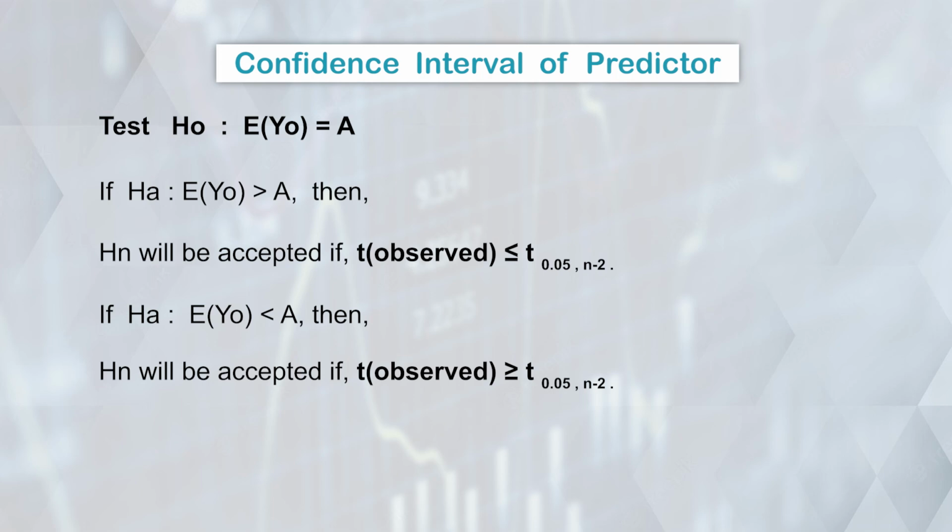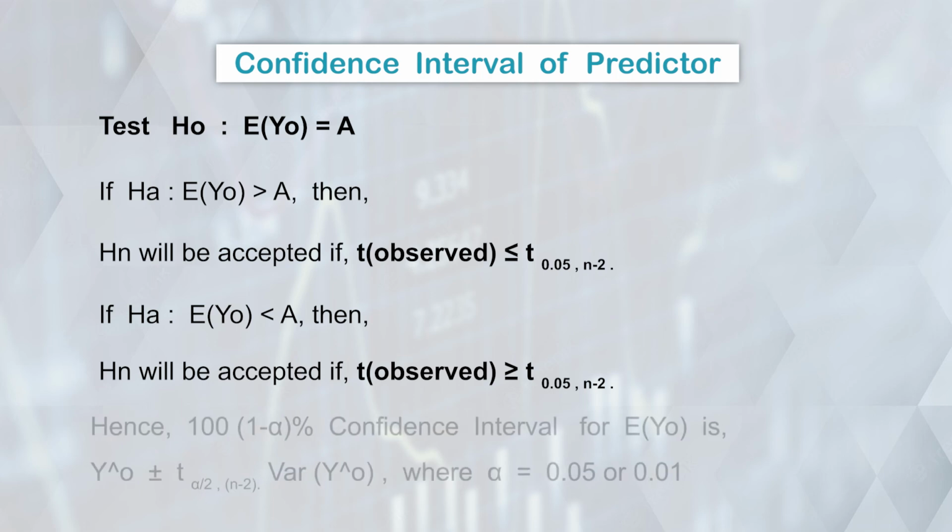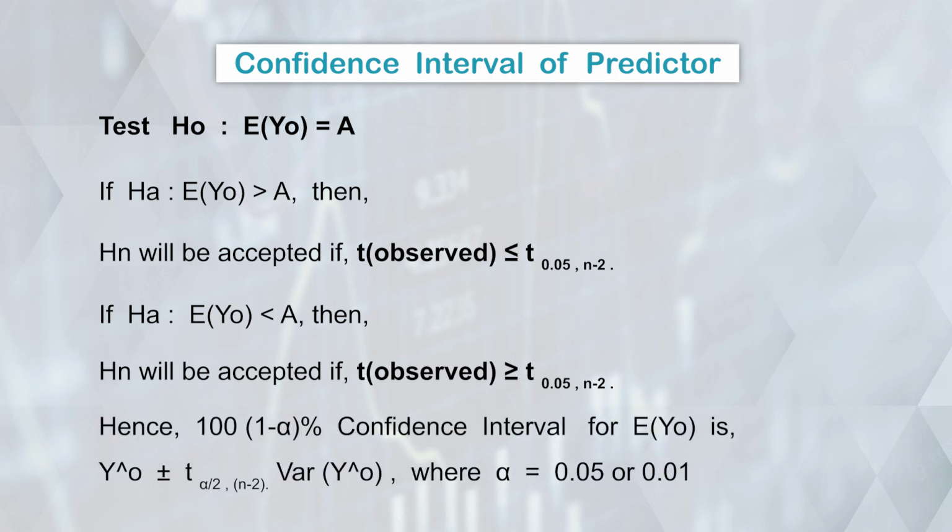In the first case it was greater than A, and in the second case it is less than A. When it is greater than A, we go by the decision rule where the observed value is less than or equal to the table value, and when it is less than A, then the observed value is greater than the table value.